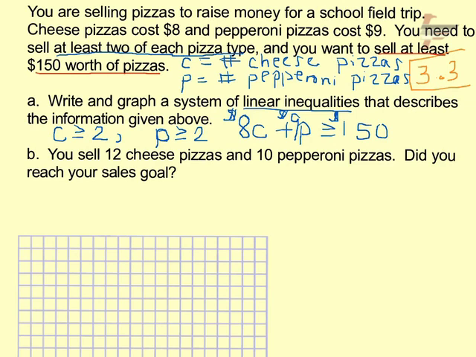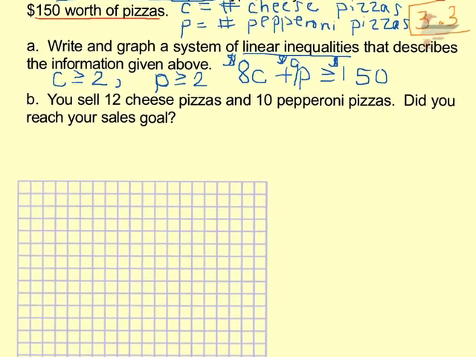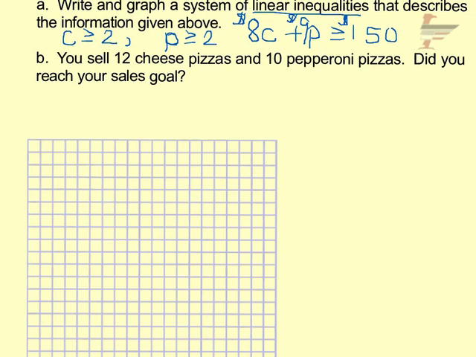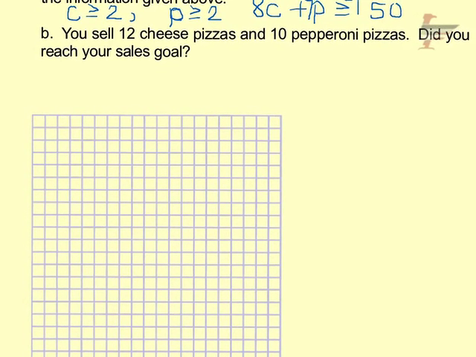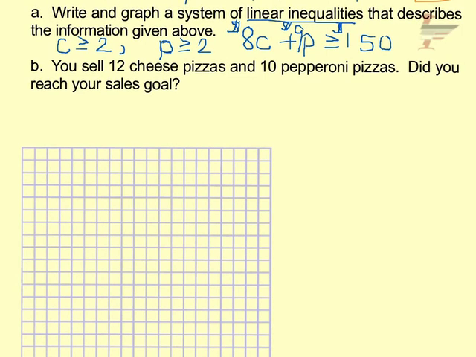Then you're asked to graph it, so I'm just going to squeeze down here, and you can call your axes whatever. You can call C X, you can call P X. It certainly does not matter, so whatever you prefer.